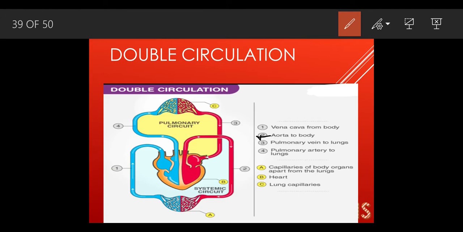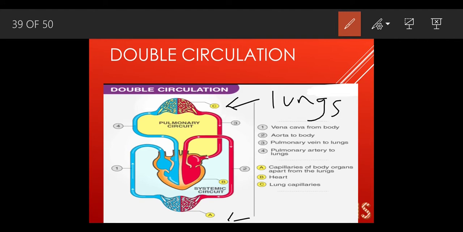So basically, why is it known as double circulation? Because it occurs in a series of steps. This C part, what was this C? This C was lungs. And what was this A?